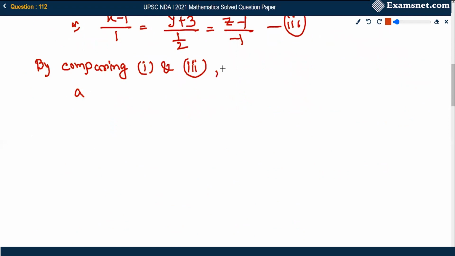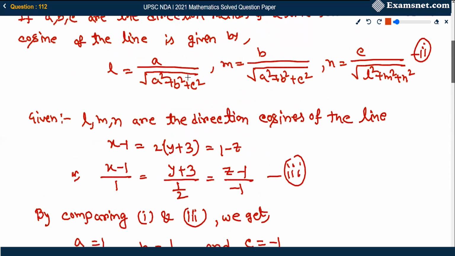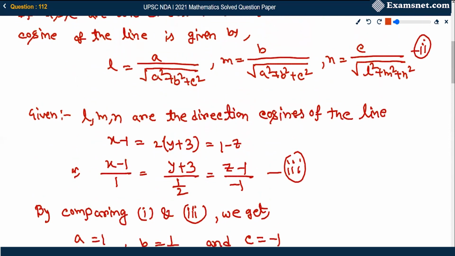Comparing 1 and 3, we get A equals 1, B equals half, and C equals minus 1, correct? Now, putting all these values, we can easily get the values of direction cosines.